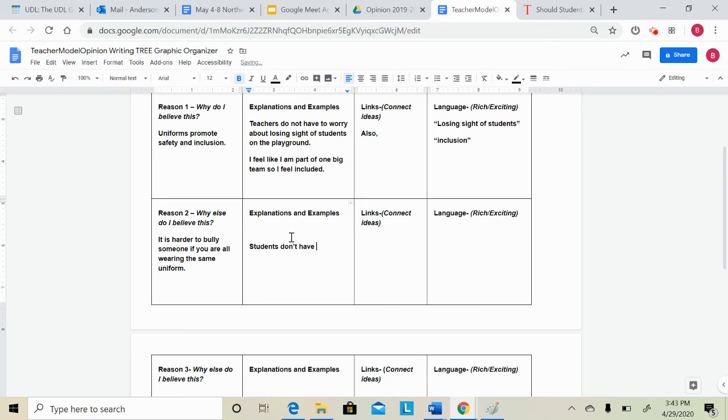So students don't have to worry about wearing the latest trend. And so this is kind of an explanation because students might be bullied if they're not wearing the latest trend, but they don't have to worry about it, so they don't have to worry about getting bullied.